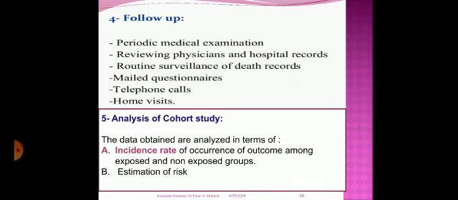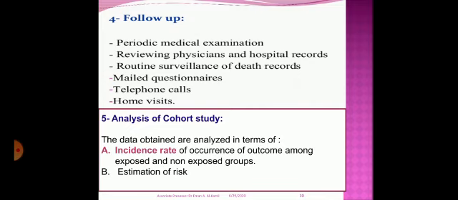After the end of the period of exposure, or at the end of the period of study, we are going to analyze the results which we got, and this includes estimation of the incidence rate among exposed and among non-exposed.